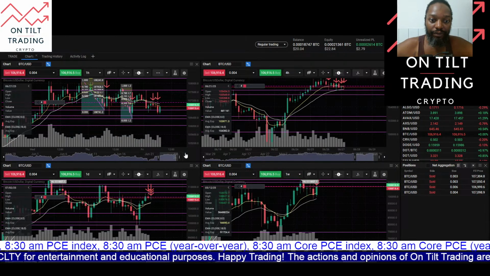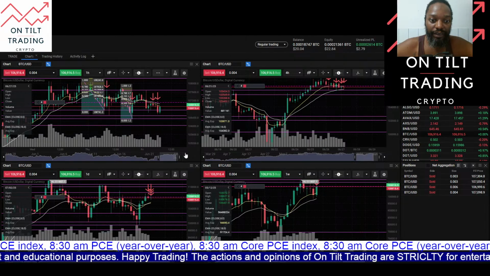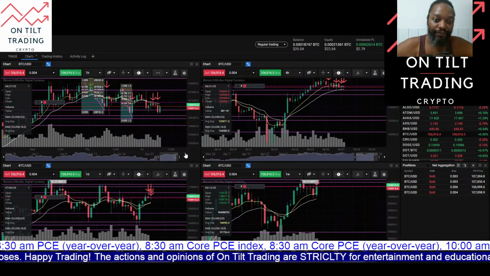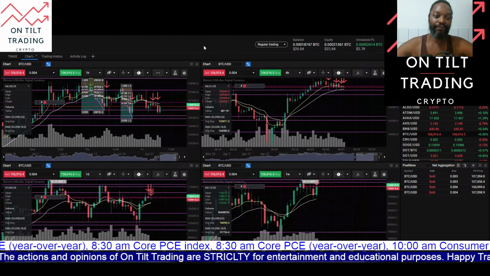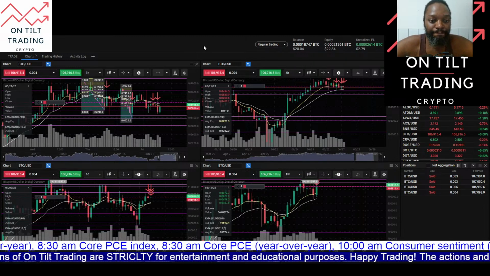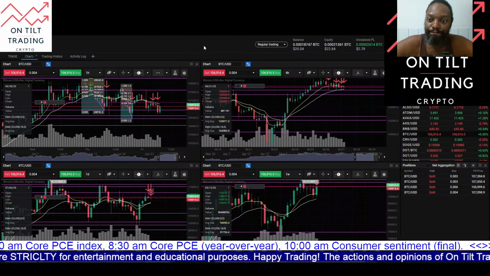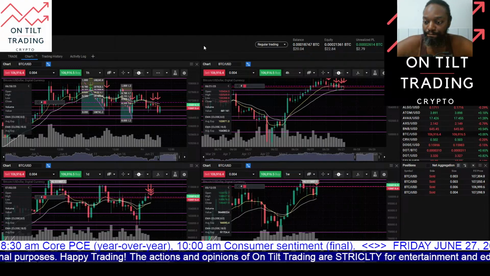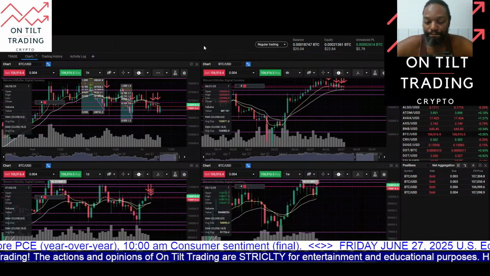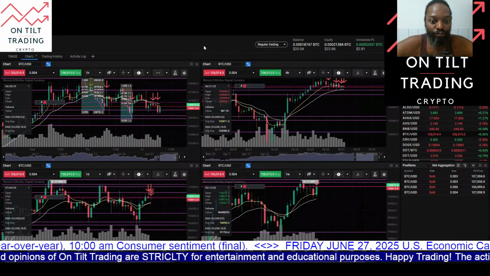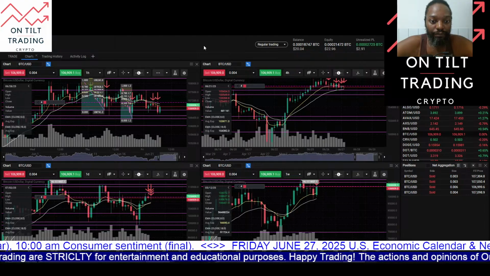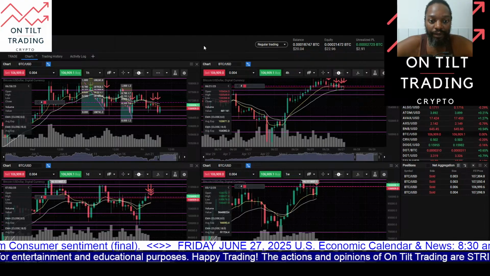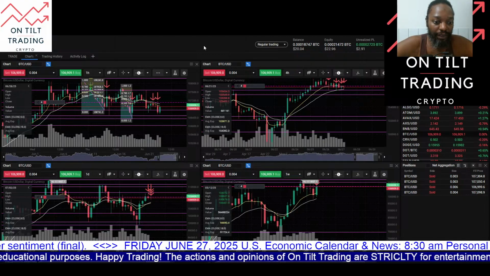Price holding here on Bitcoin around the 106,920 level. And price consolidating here around the 106,900 level.